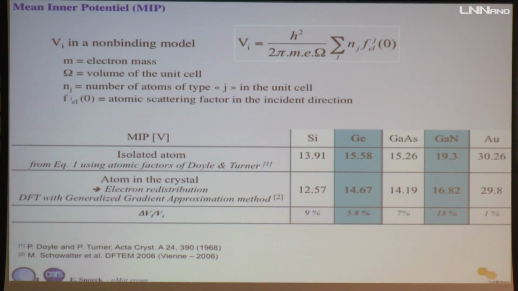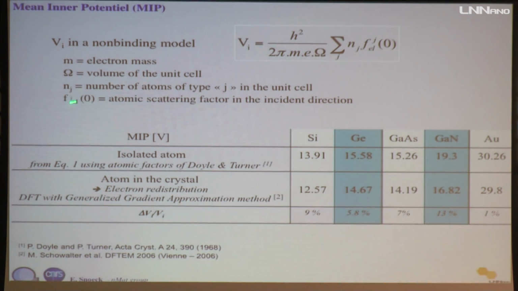So the mean inner potential, as I said, is the electrostatic potential the electron sees when passing through the sample. It has been calculated theoretically by different people. It depends on the number of atoms of a given type, with a given scattering factor.